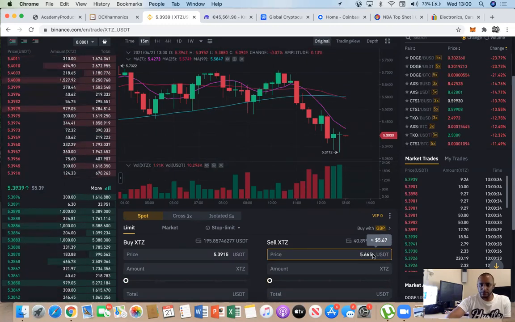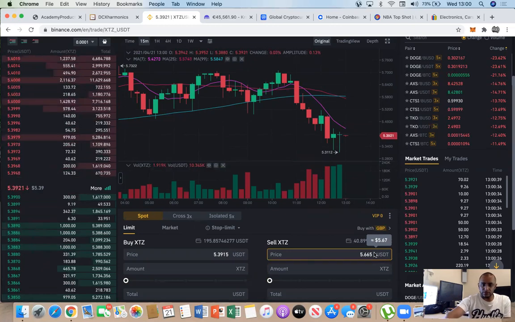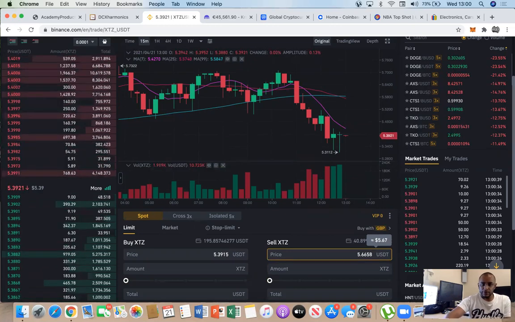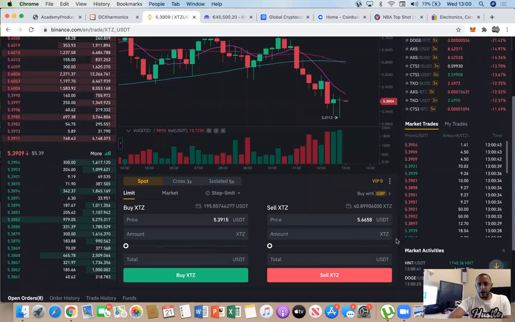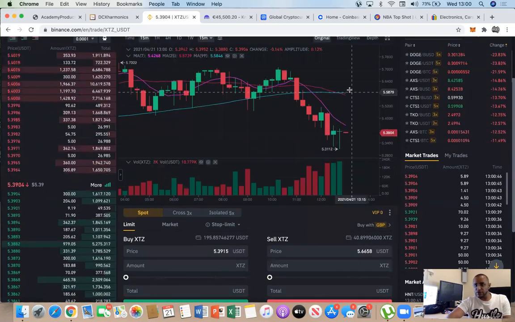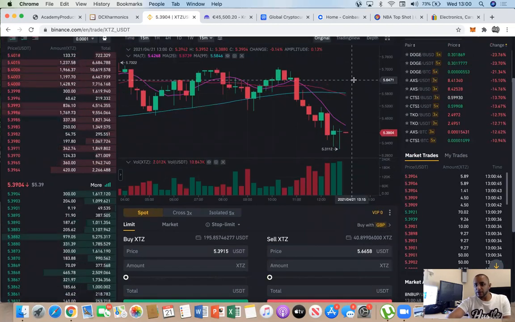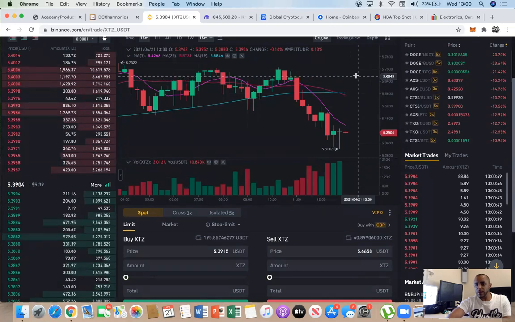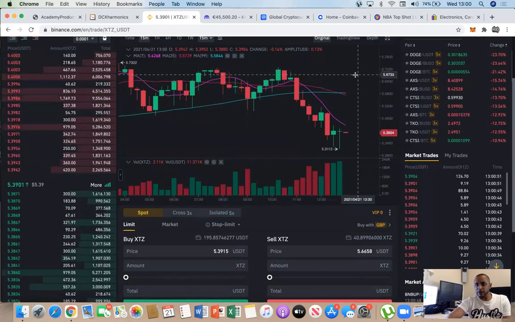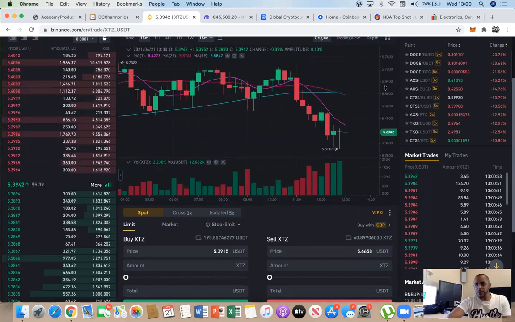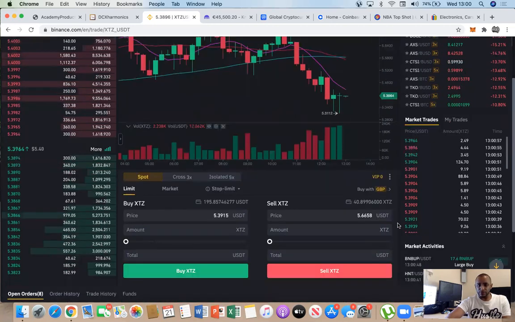Nice and easy. There we go. So now I'm specifying when price reaches up here, somewhere along this line here, right? When price reaches this number here, I want it to sell.